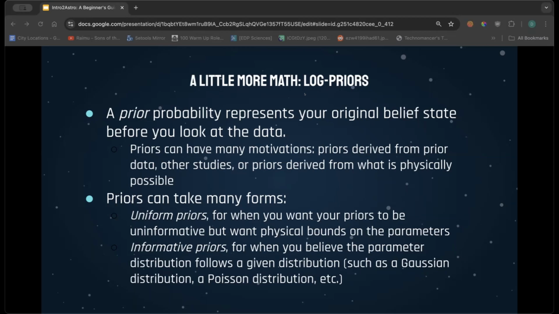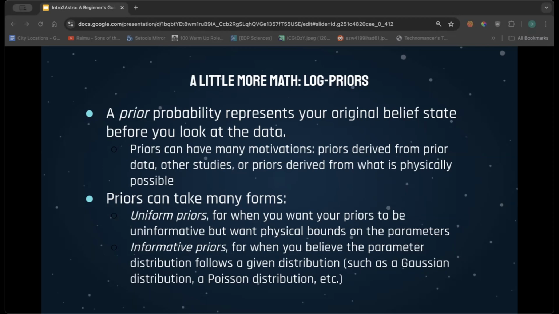In that case, you might want an informative prior, which says that I have a likelihood that follows a Gaussian distribution with a mean of 10 days and a standard deviation of 1 day. And so that means that even if a period of, say, 1,000,000 days fits your data a little bit better than the period of 10 days, you're more likely to select the period of 10 days because you have a much stronger prior on it, meaning you need a lot of evidence to take a value of 1,000,000 days as true.